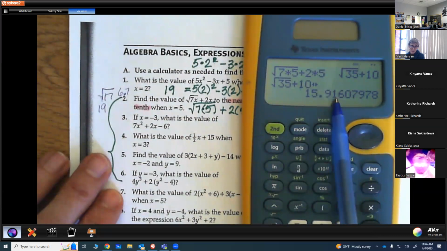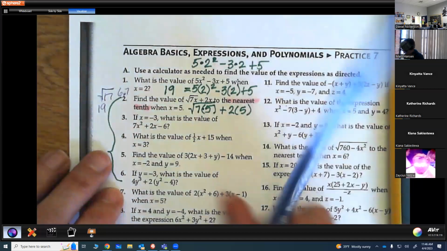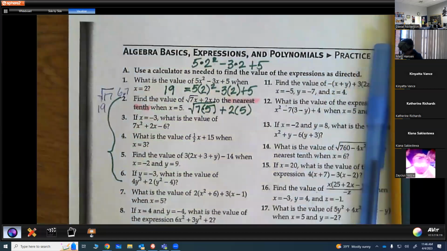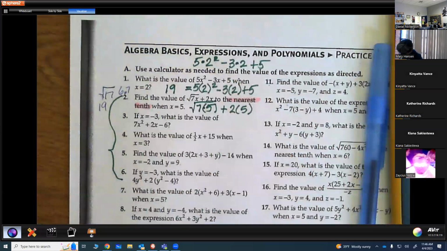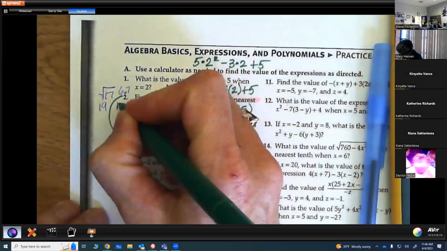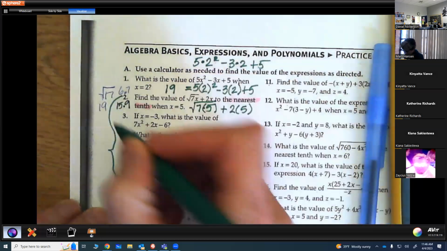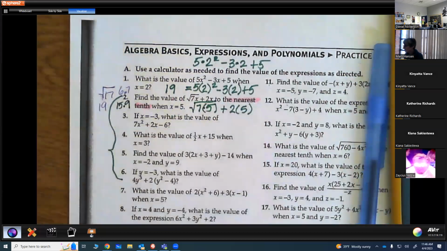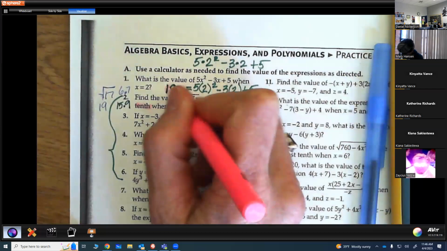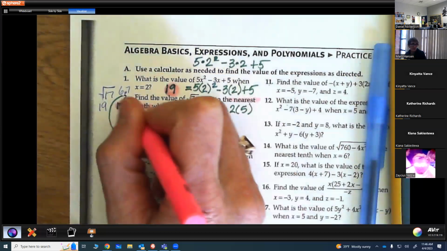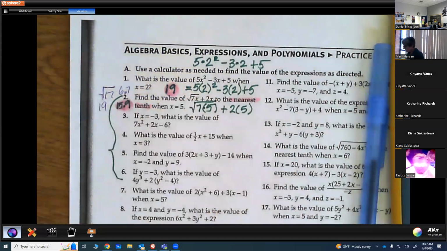Since that's smaller than 5, this 9 stays a 9. And so the answer we would be looking for in number 2 is 15.9. So it stays, yep. So 19 was our first answer and 15.9 should be our second answer.